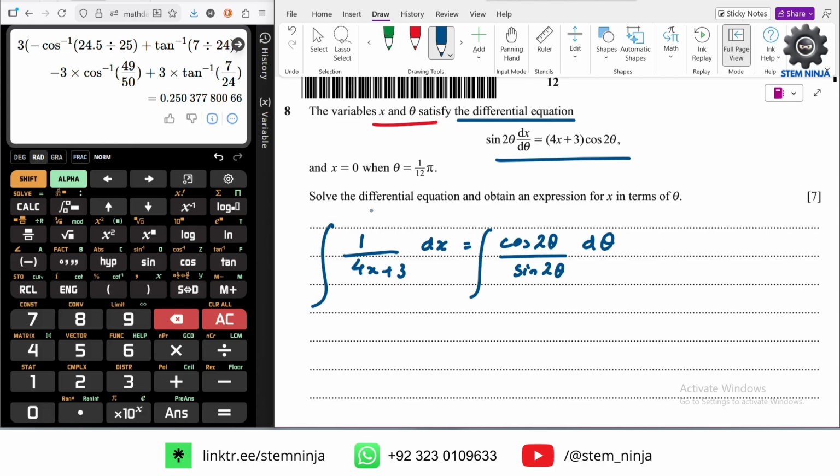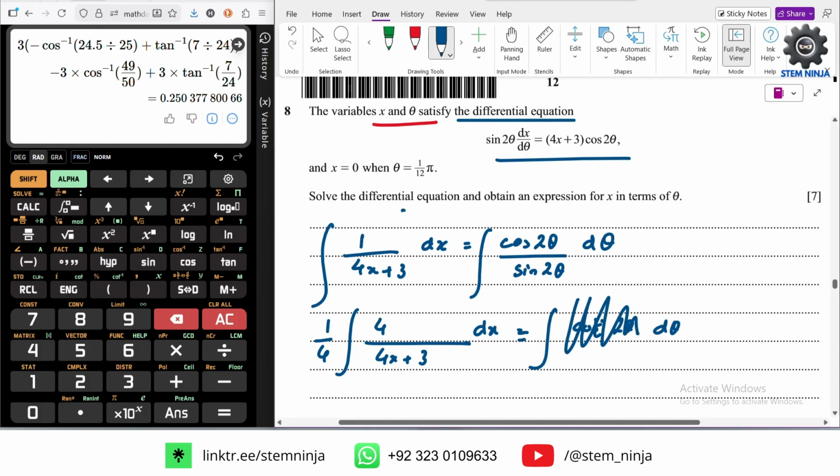Okay, so let's make a few final adjustments. So this is the ln form, so we would multiply and divide by 4 to make the derivative of 4x plus 3 in the numerator, and on the other side you have cos 2 theta d theta. Sorry, I forgot. We will handle it the same way as we do on the left hand side.